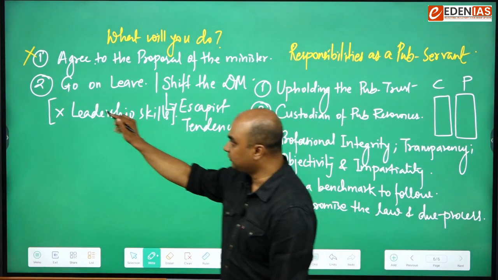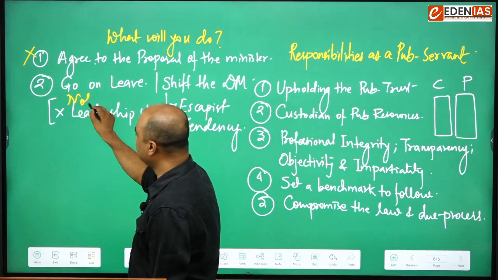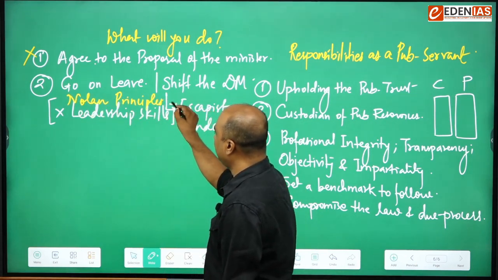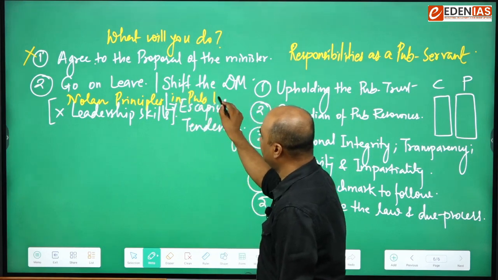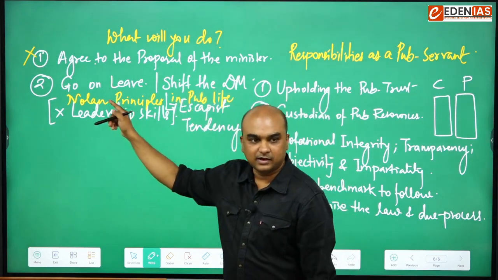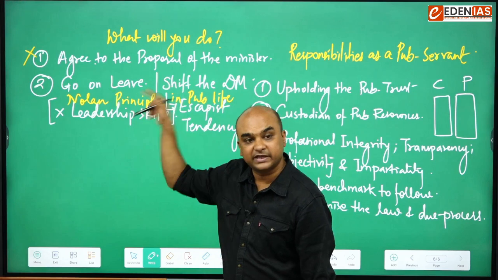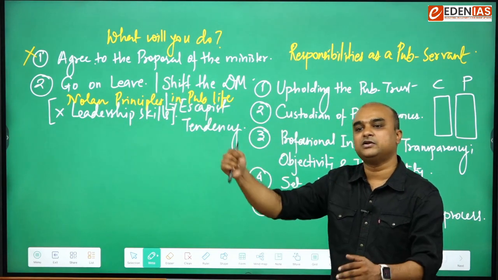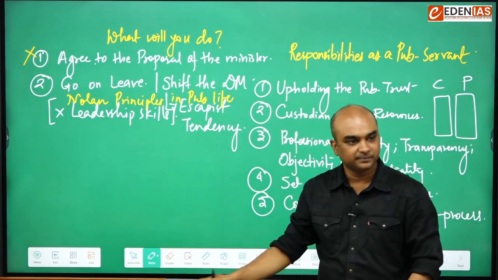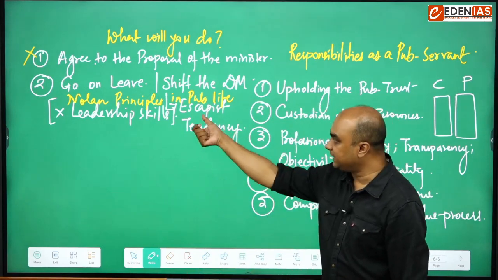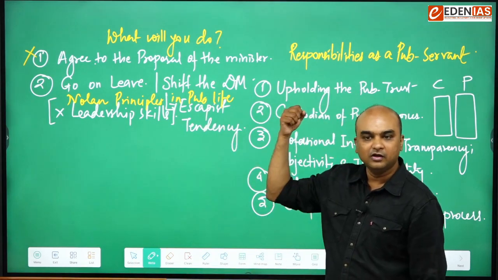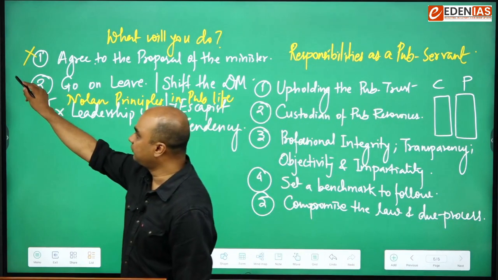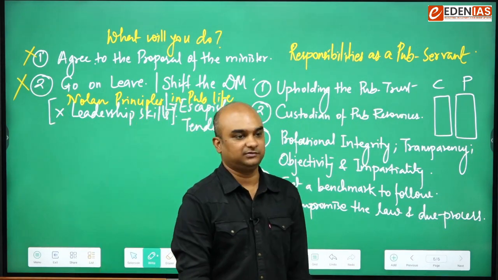So here you can also highlight that according to the Nolan principles in public life, a person holding public office should showcase leadership, whereas by going on leave or shifting the burden of decision making on somebody else, you are actually showing an escapist tendency. You are also failing your team at the time of crisis. This also therefore cannot be the option.